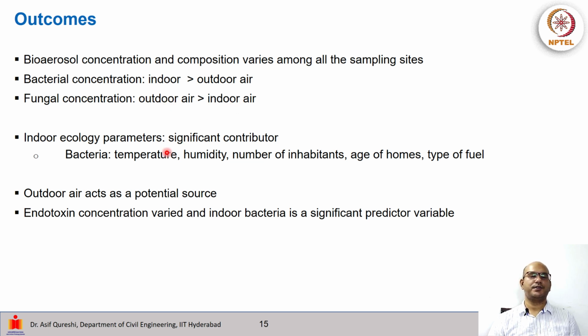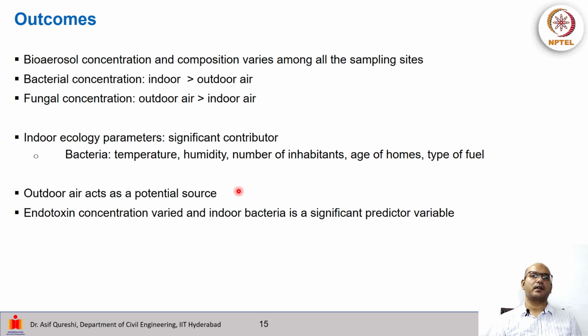The indoor ecology parameters were a significant contributor. For example, for bacteria: temperature, humidity, number of inhabitants, age of homes, and types of fuels. Also the number of inhabitants, because the more inhabitants, the more microbes may be emitted.